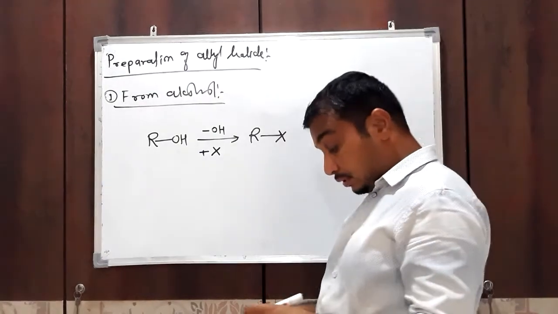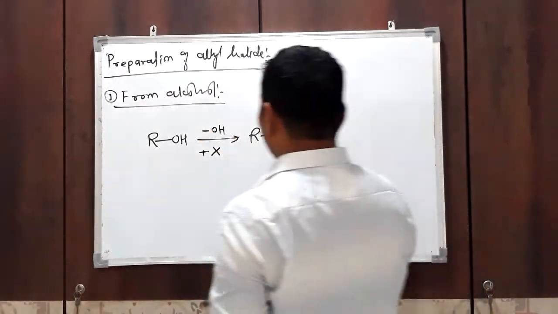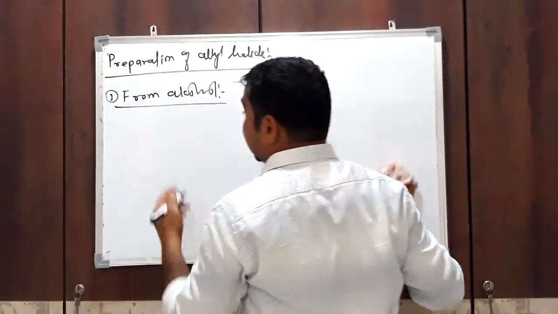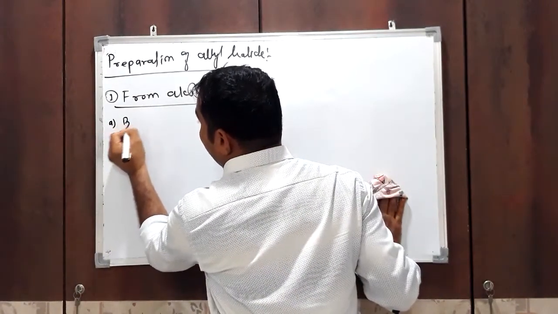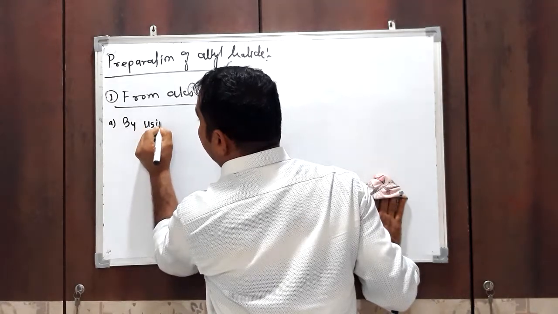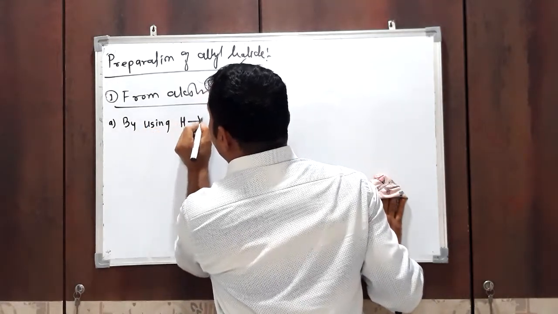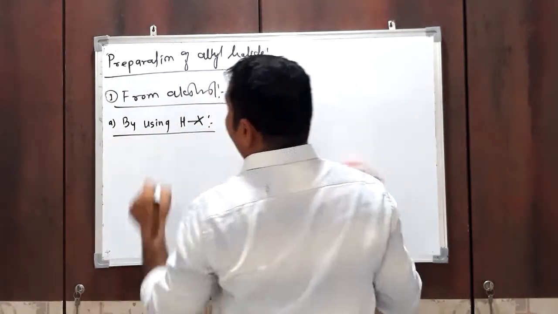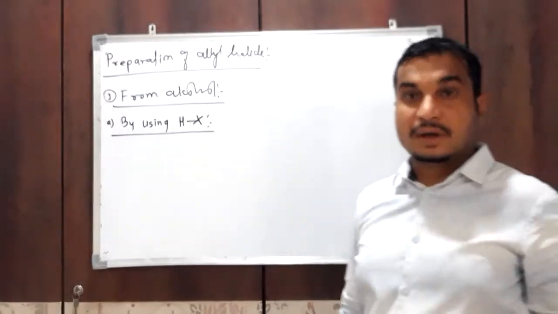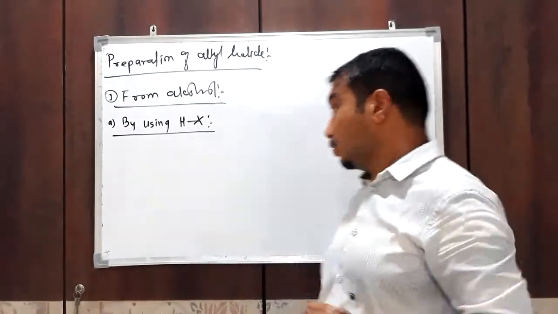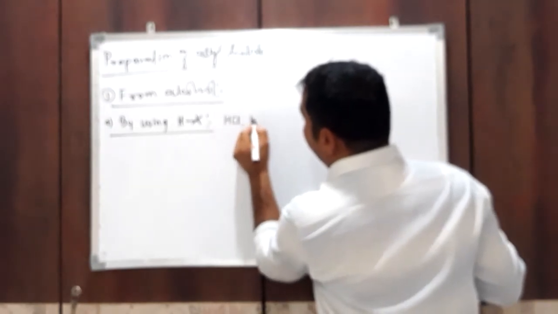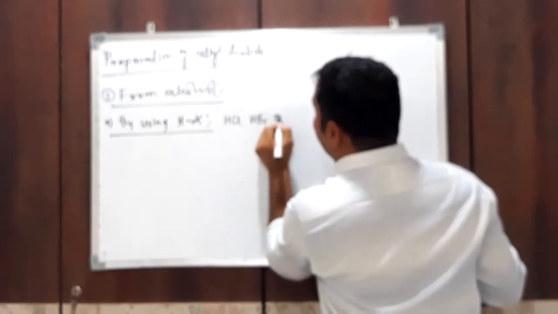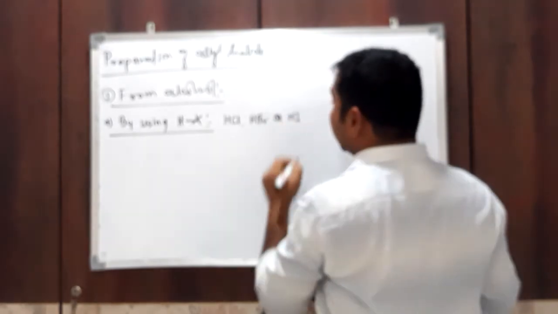Now first method, from alcohol, there are sub methods. First, A, by using HX, hydrogen halide. Hydrogen halide means either HCl or HBr or HI.